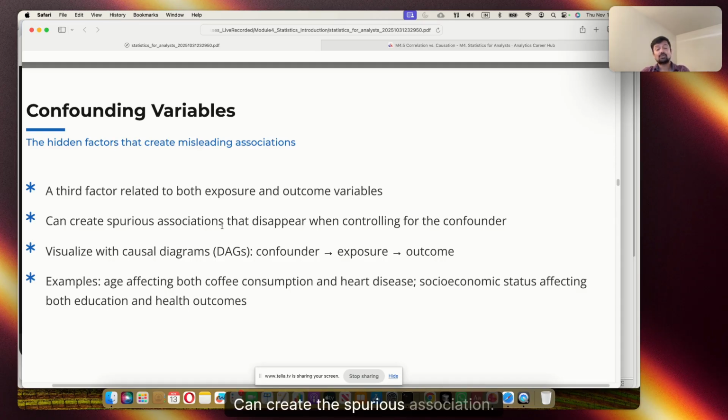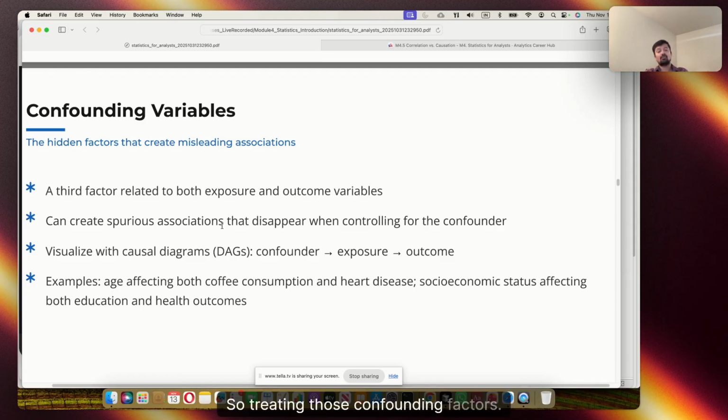Confounding variables can create a spurious association which might not be true, and that disappears when controlling for the confounder. There is another confounding factor which is affecting the effect of A on B. When you remove that confounding factor, you will not see a direct association.